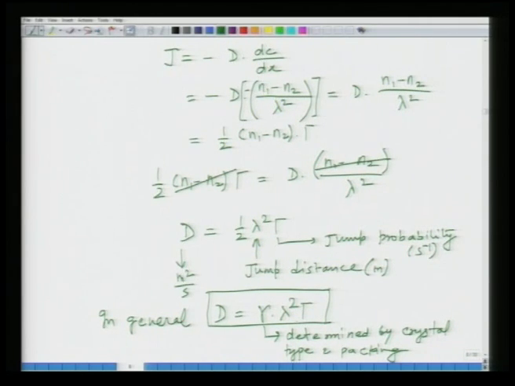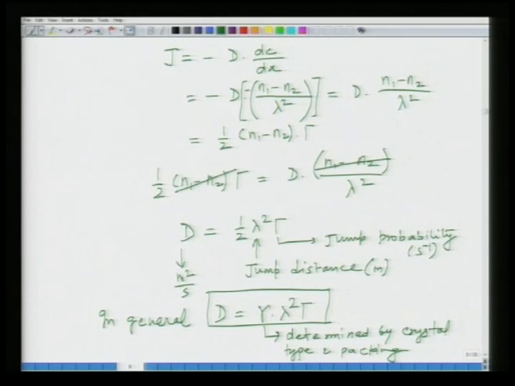Now if you look at this expression carefully, gamma is a factor which is determined by crystal type and packing. Lambda is fixed, because for a given system lambda would be fixed as well. How about tau? Is there anything in tau, which is nothing but jump probability, that will be variable? Because if tau is constant, then D is always a constant.